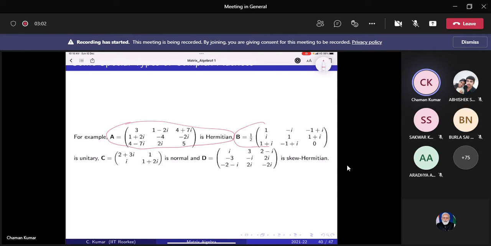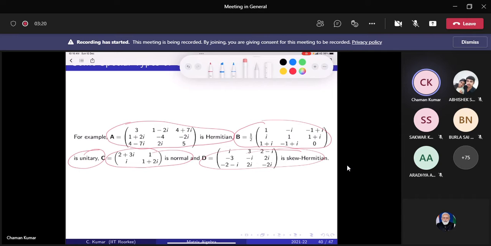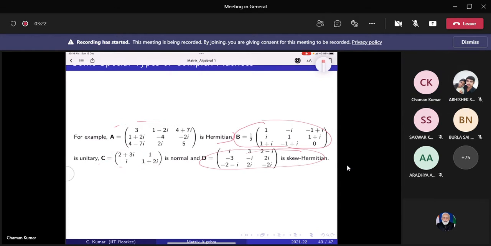We have an example of unitary matrix, normal matrix, and skew Hermitian matrix. So you can verify the conditions of the Hermitian, skew Hermitian, normal matrix, unitary matrix for these matrices, and you can see that the conditions are satisfied. So these are some examples.